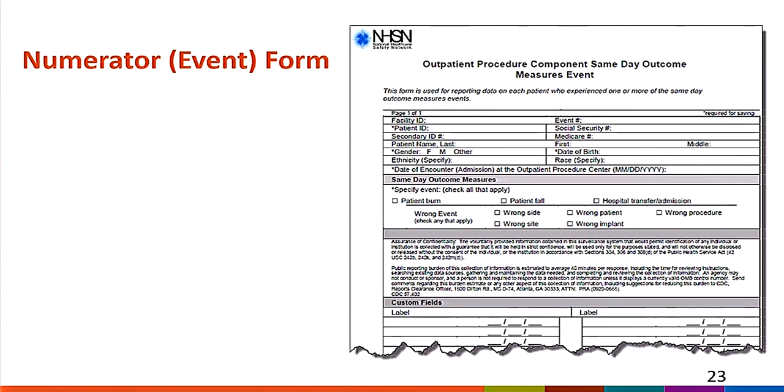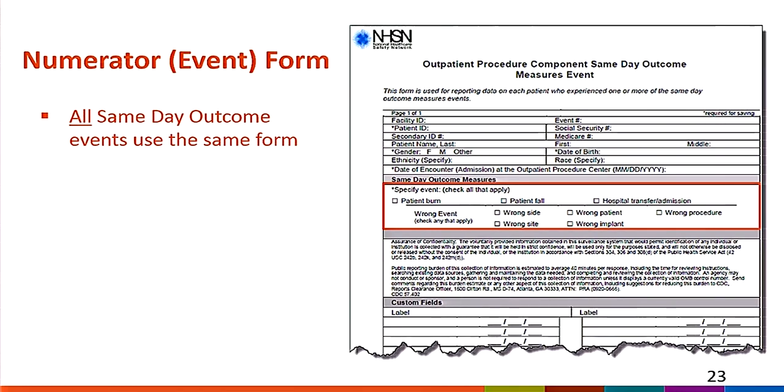This is the same-day outcome measures event form. There's one form to be completed for each patient experiencing a same-day outcome event. If the patient experiences more than one different type of same-day outcome event during the same encounter, all events are recorded on the same form.